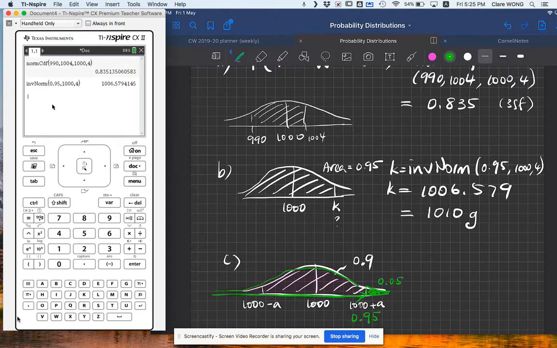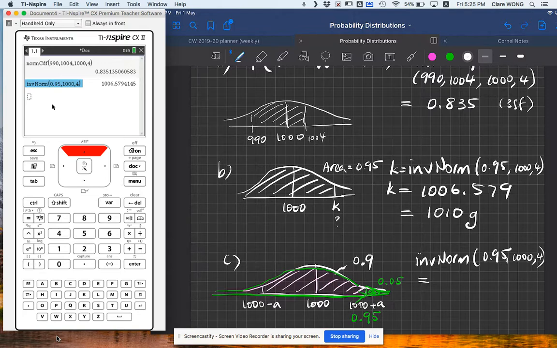So what do we do? We need the inverse normal. We know the area is 0.95. The mean and standard deviation are still like this. Well, let's work it out. I'm going to copy that down. We actually already have that. Look, it's exactly what we have done before.